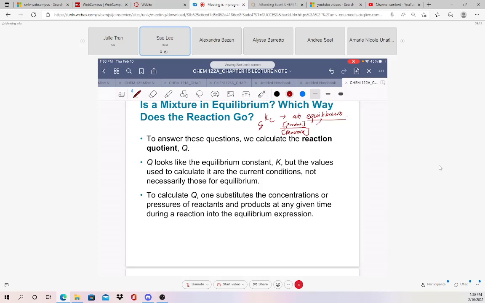Reaction quotient at equilibrium. But not only the Kc value is important, the reaction quotient when the mixture is not at equilibrium is also important.